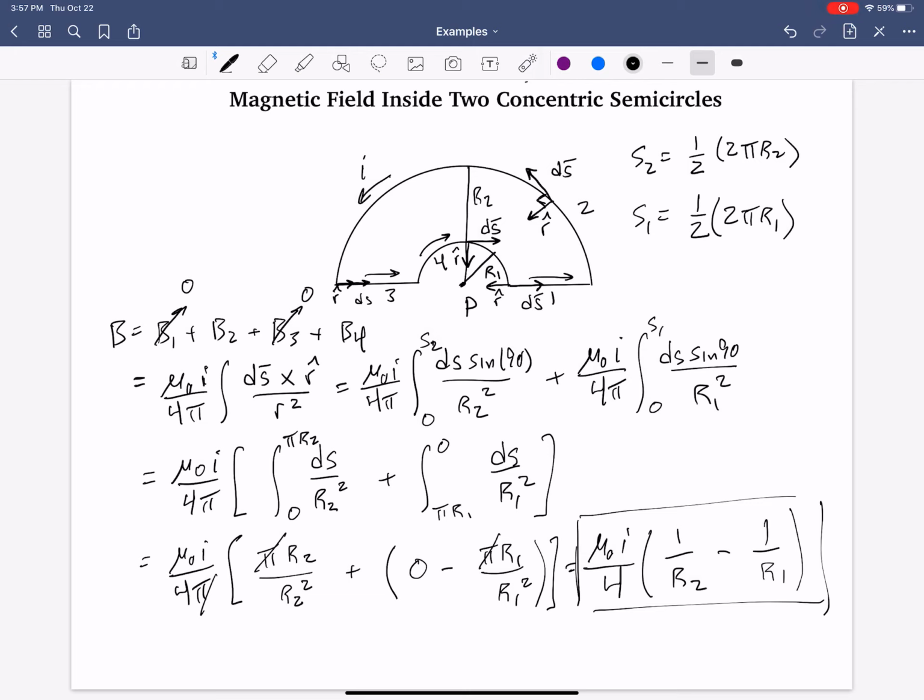If you use the right-hand rule, the magnetic field from the outer r2 segment is coming out of the page. We can write that the B field from 2 is coming out of the page, and the B field from 1 is going into the page.